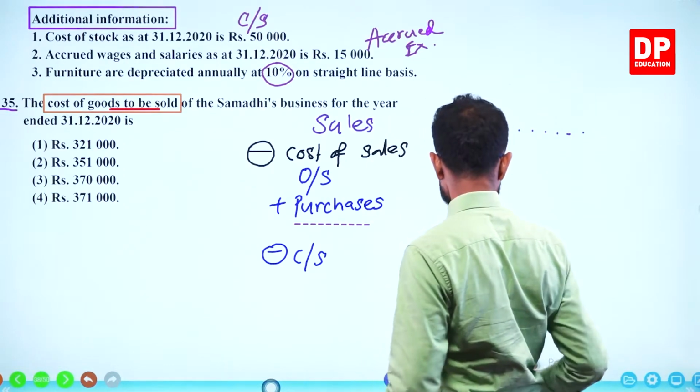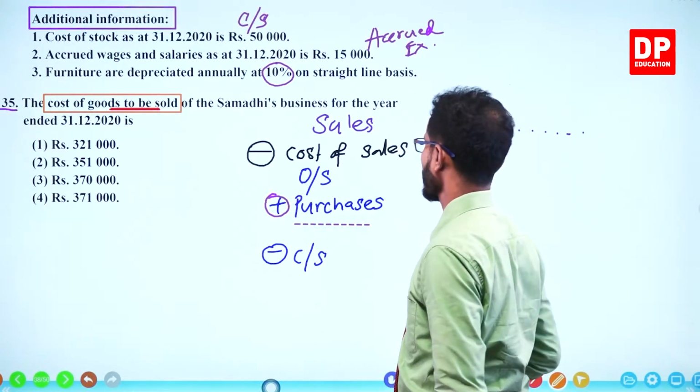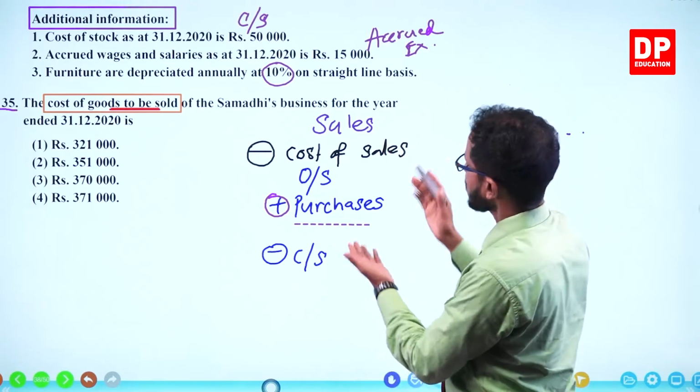Let's see whether there are such items. This is how you find cost of sales.